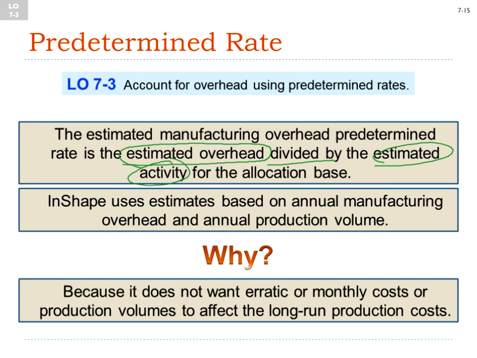It says here that InShape uses estimates based on annual manufacturing overhead and annual production volume. And why does it do that? Because it does not want erratic monthly costs or production volumes to affect the long-term production costs.